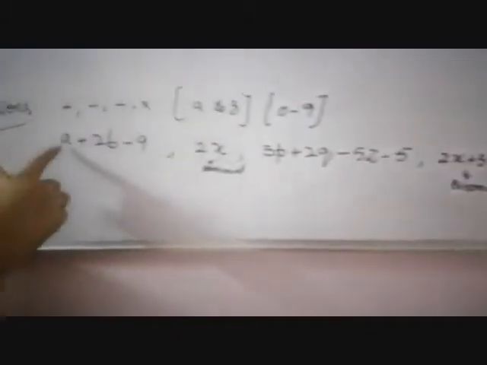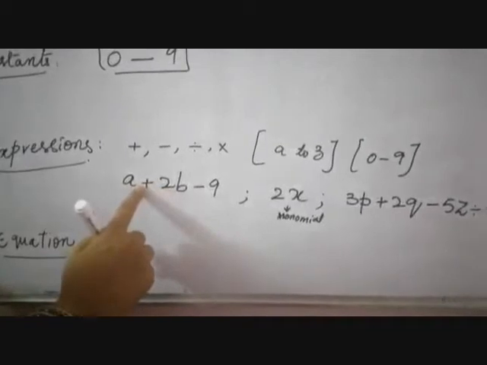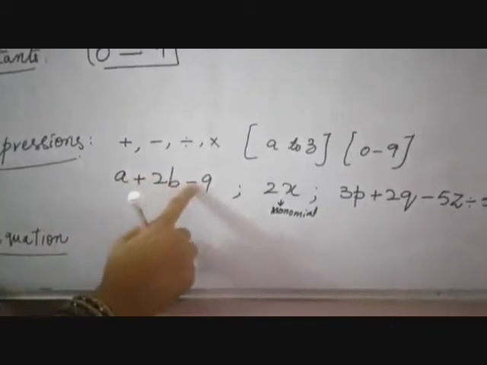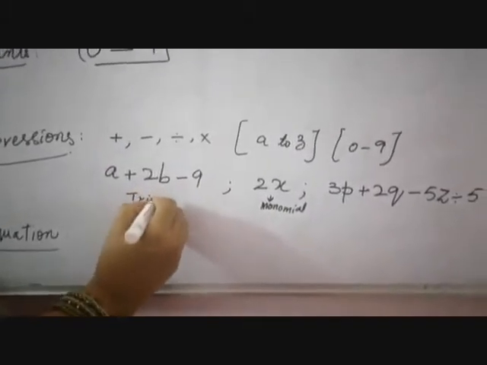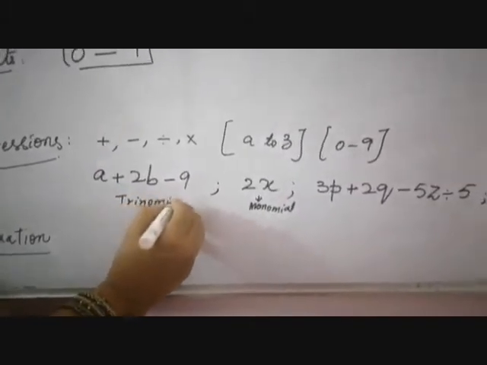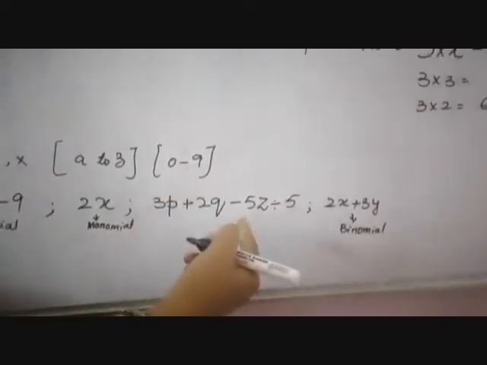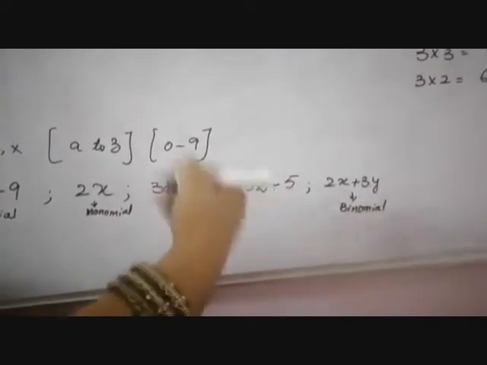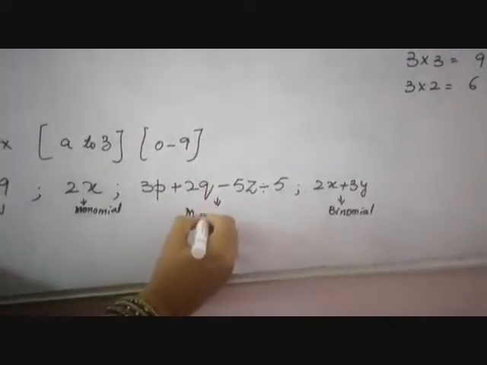When the expression has 3 terms, this is the first term where the fundamental operation started, the second term, the fundamental operation started, the third term, it's called trinomial. And when the expression contains more than 3, like 4 or 5 or 6 terms, then that is called multinomial.